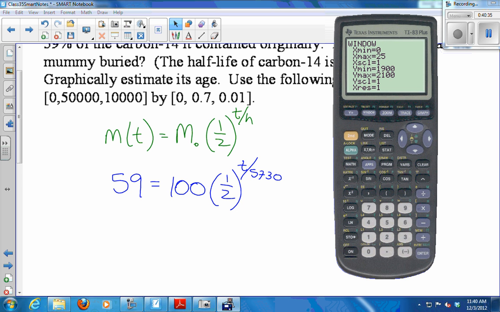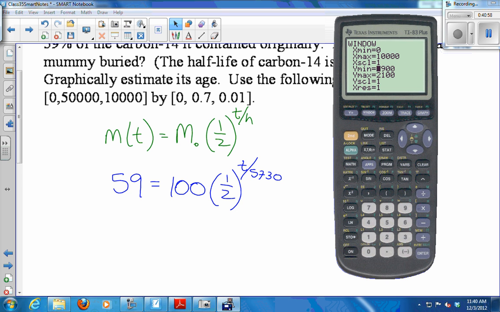Older? Thousands of years old? 6,000. Okay, 0 would be the youngest it could be, as if it was new. That's impossible. Then maybe we'll put 10,000 years. That was a long time ago.